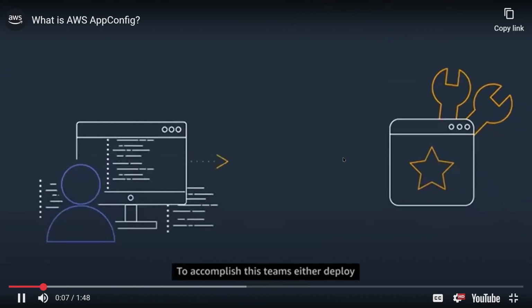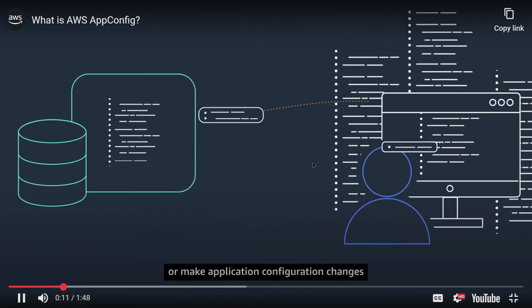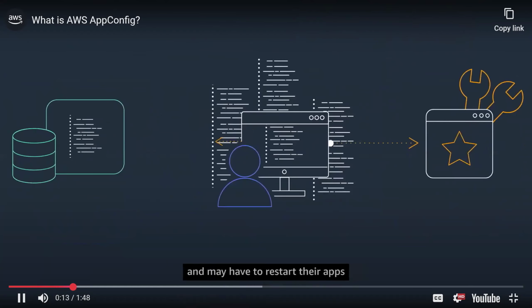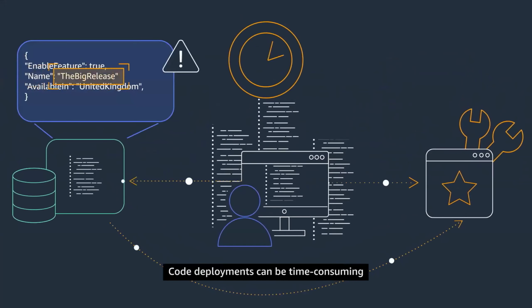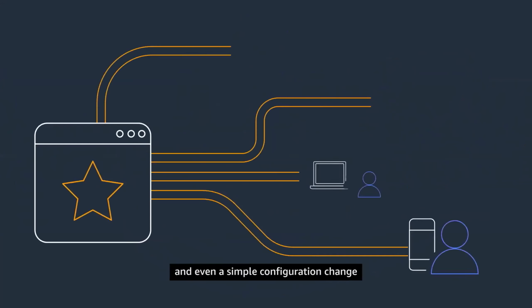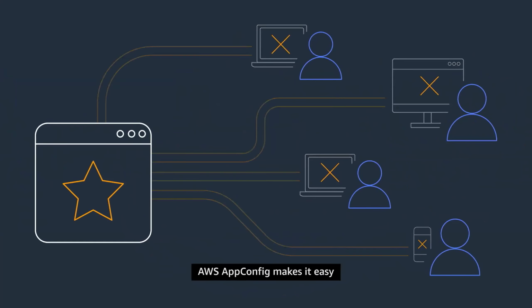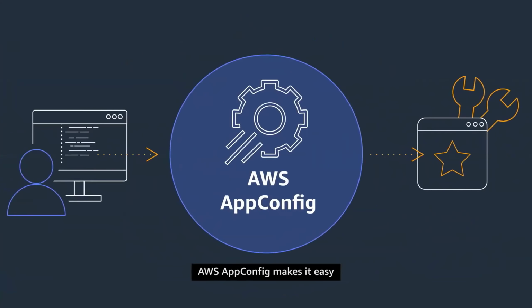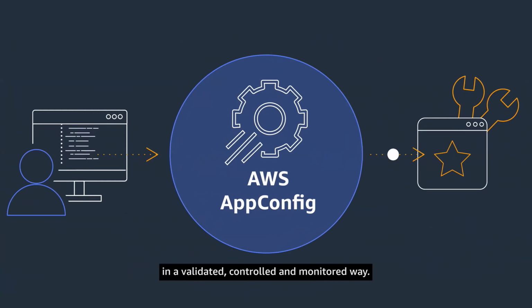To accomplish this, teams either deploy new versions of application code or make application configuration changes and may have to restart their apps for the changes to take effect. Code deployments can be time-consuming, and even a simple configuration change may cause customer impact or even outages. AWS AppConfig makes it easy to dynamically roll out application configuration changes in a validated, controlled, and monitored way.